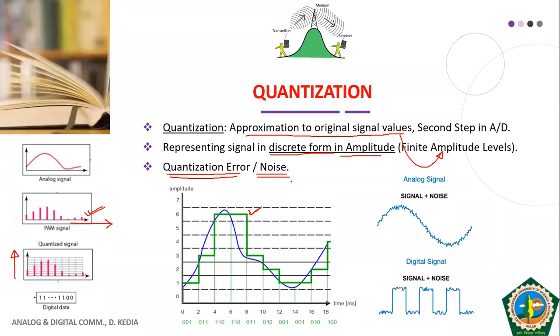During sampling, we will have to take care that we consider samples at such a rate that my signal is fully recovered without any distortion. Similarly, when I carry out quantization, I will have to ensure that the quantization error or quantization noise is not so high that my signal is not represented completely.